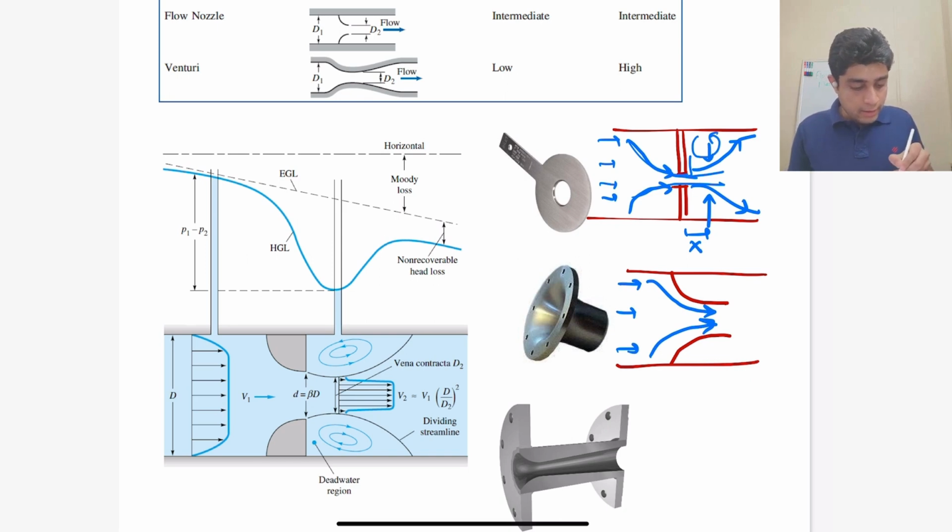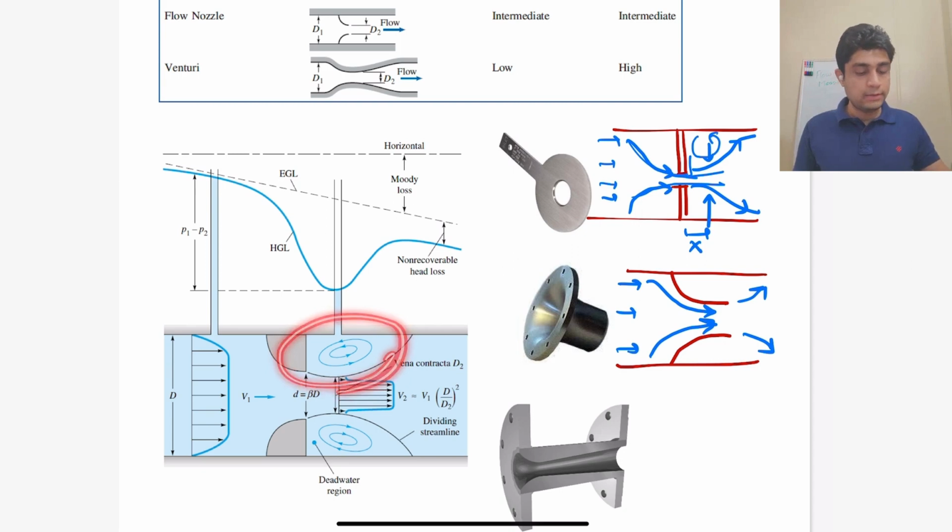But again, as the fluid comes out of this nozzle, it has to expand suddenly. So you basically prevent the vena contracta here. But because of this sudden expansion, the dead water region is still present, and the head losses are again higher.